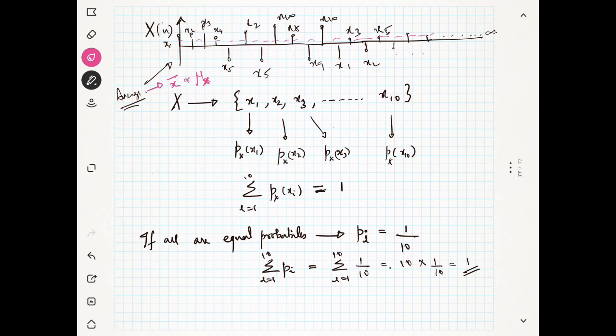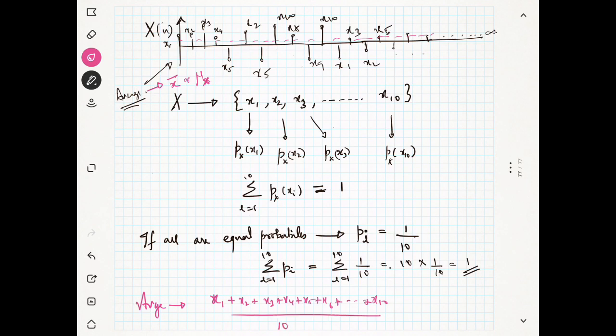So if all are having equal probabilities, then you can find the average very easily. That means you have x1 plus x2 plus x3 plus x4 plus x5 plus x6 and so on up to x10, divided by 10.